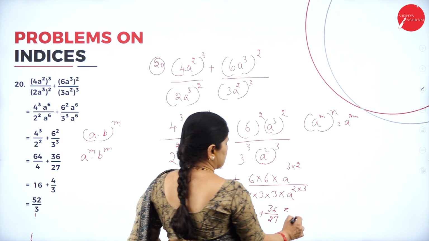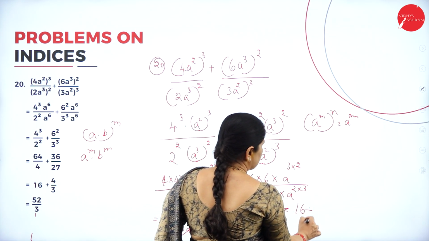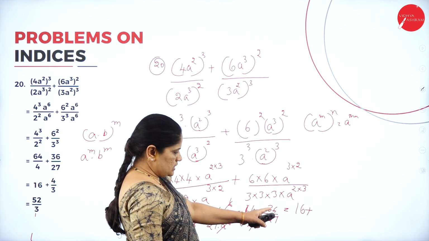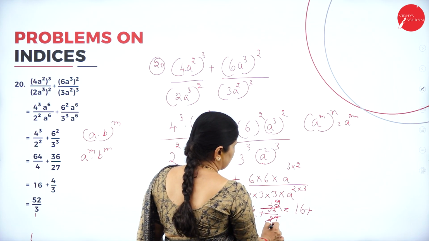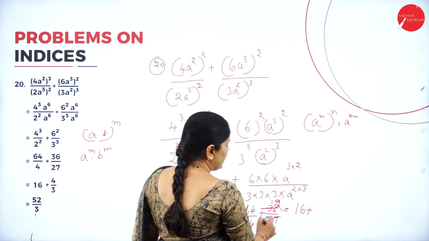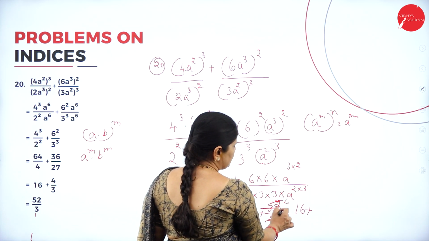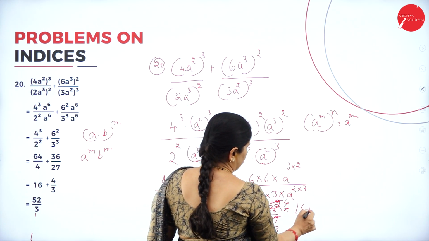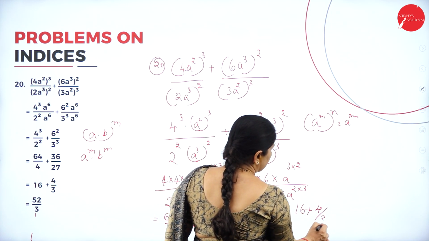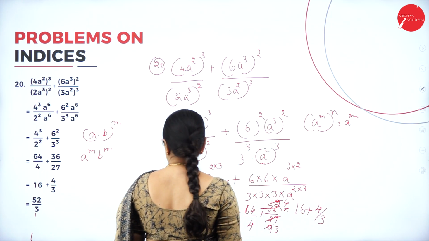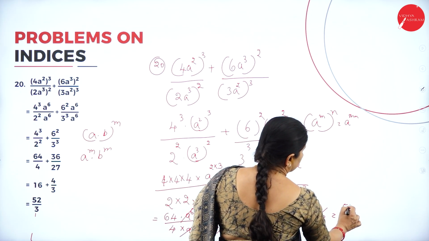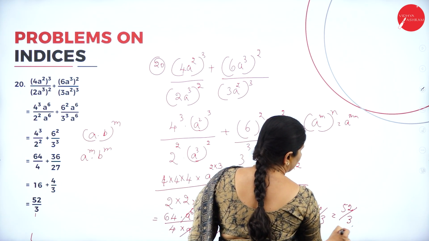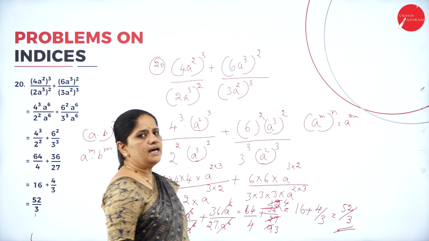Then you simplify this fraction here, dividing by 9, 36 by 27 becomes 4 by 3. So, 16 plus 4 by 3. If you simplify this, the answer is 52 by 3. So, this is the answer.